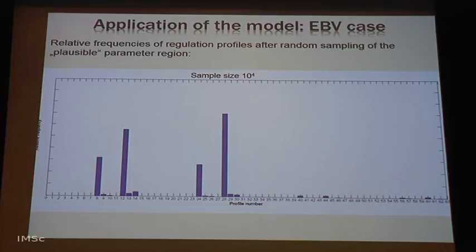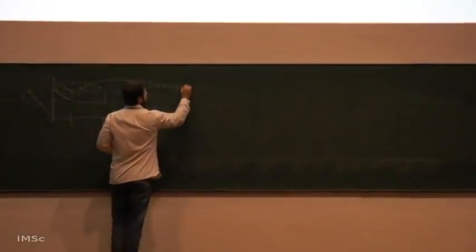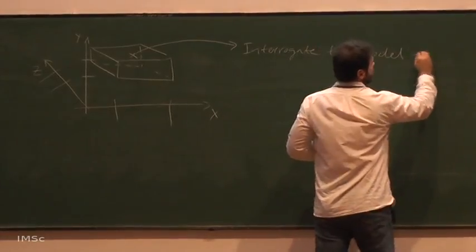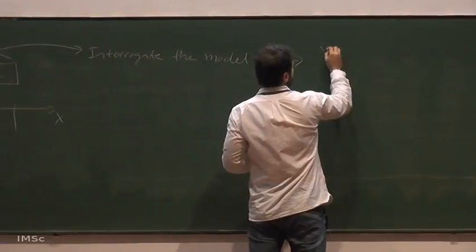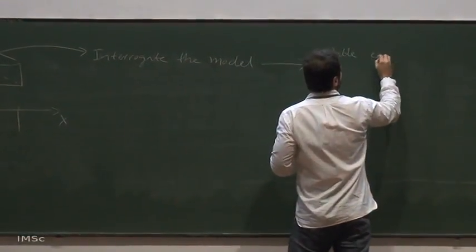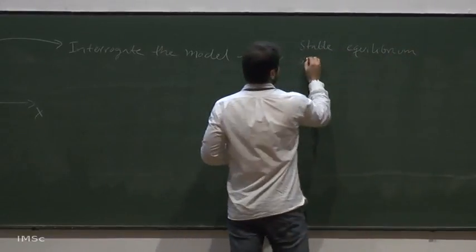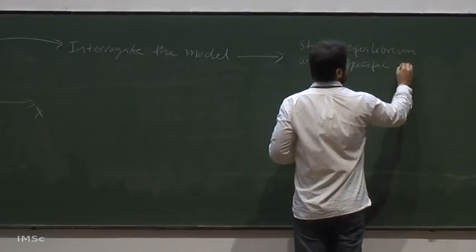So for each point here that I randomly sample, I interrogate the model. And the model tells me there is an equilibrium, a stable equilibrium, with a specific regulation profile.